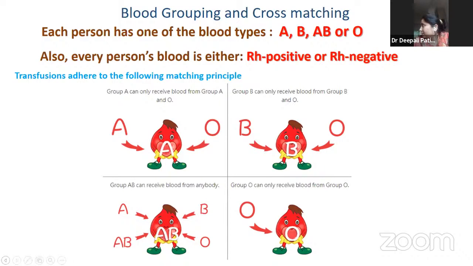There is an arrow from O and A. That means the patient having blood group A can receive blood from group A and O. And the person having blood group B can receive blood from group B and O. The next picture shows that the person having blood group AB can receive blood from anybody, that is from blood group A, B, AB and O, and the person with O blood group should receive only blood from group O.